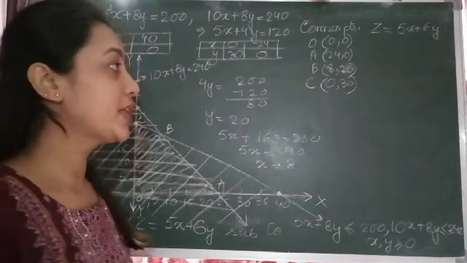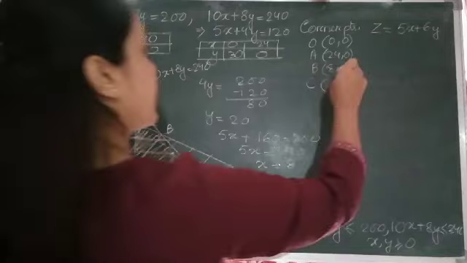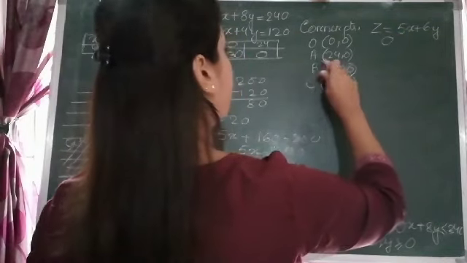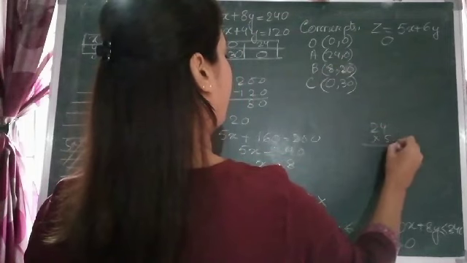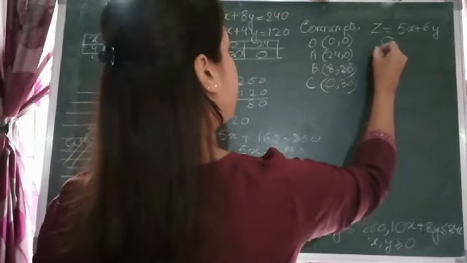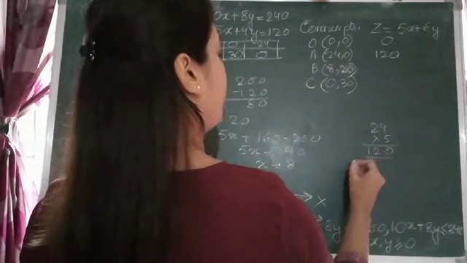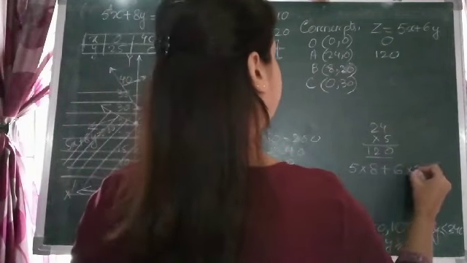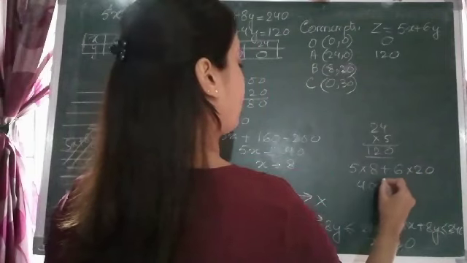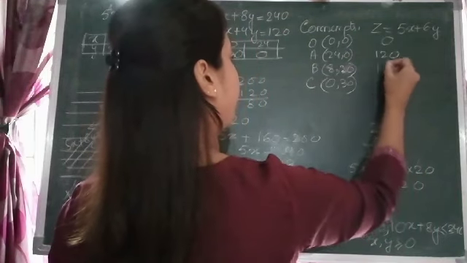So let's find the value of Z now. Put the value of x and y. This will be 0. Put x equal to 24, so 24 into 5, 120. Next, 5 into 8 plus 6 into 20 will be equal to 40 plus 120, that is 160.